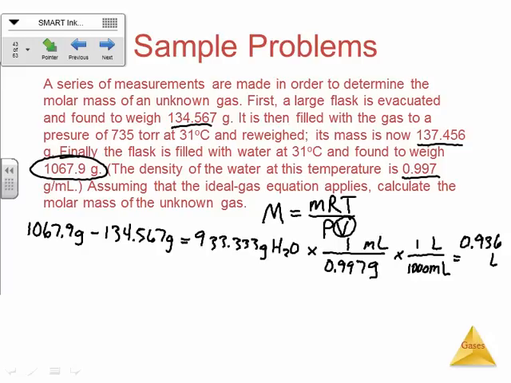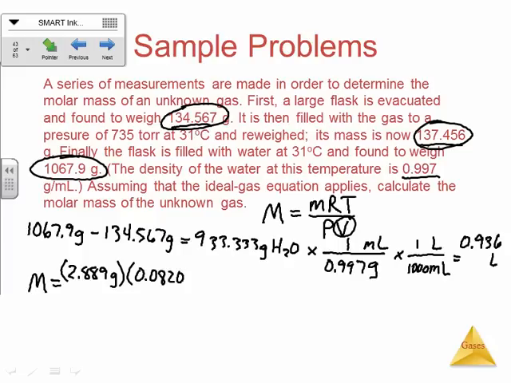So we've got molar mass is equal to m. Now our mass on this one, we're going to have to take the 137.456 minus the initial mass of the flask. 0.889 grams times, again, we're going to have to do our R, and I prefer to use the 0.08206.